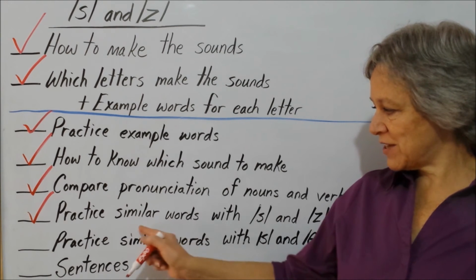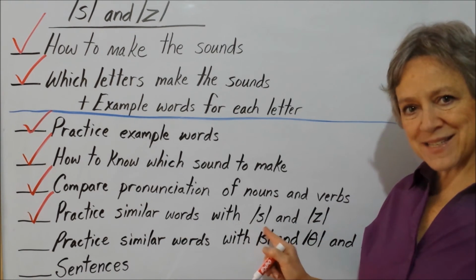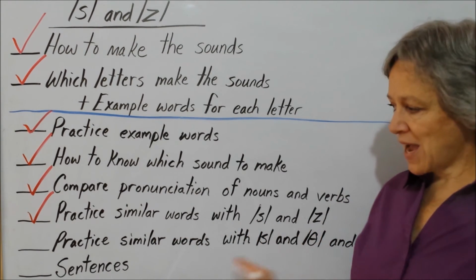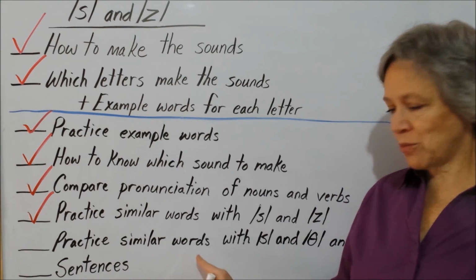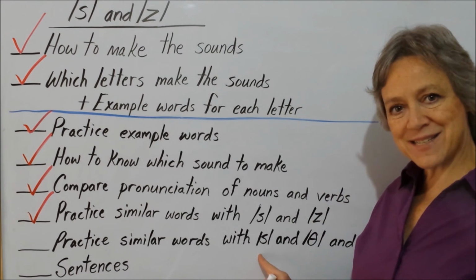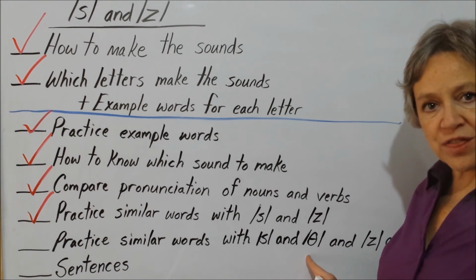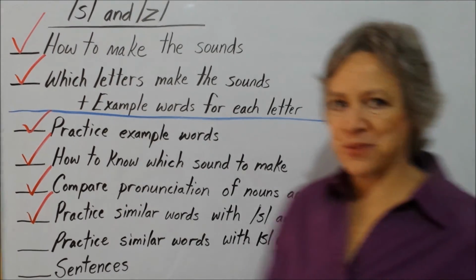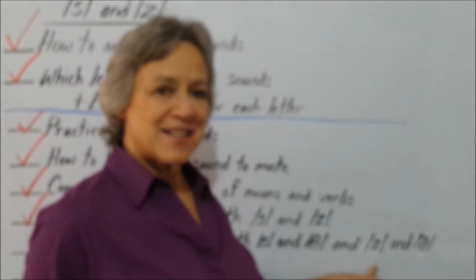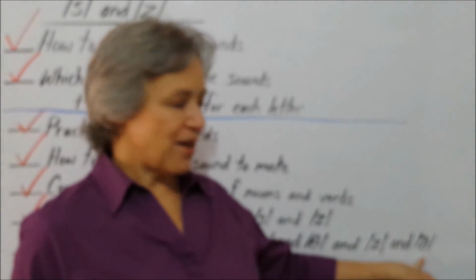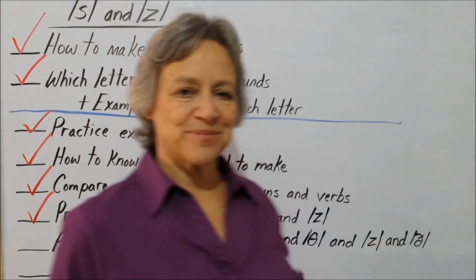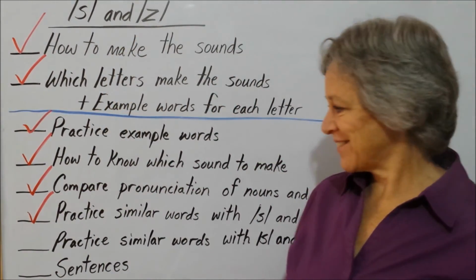Now that we've practiced similar words with S and Z, I would like to move on to practice similar words with S and F, and also Z and V. Let's move on.